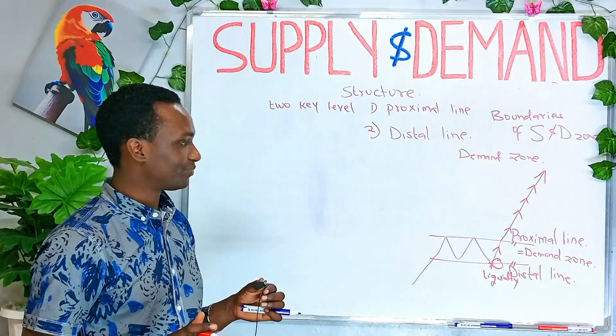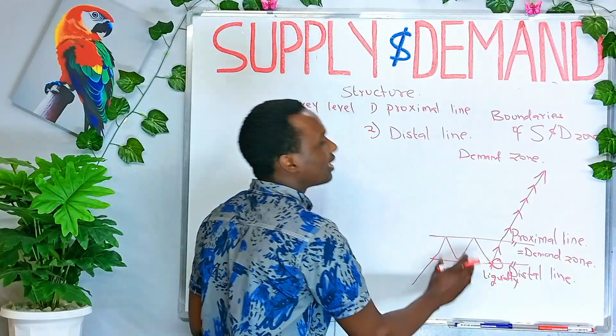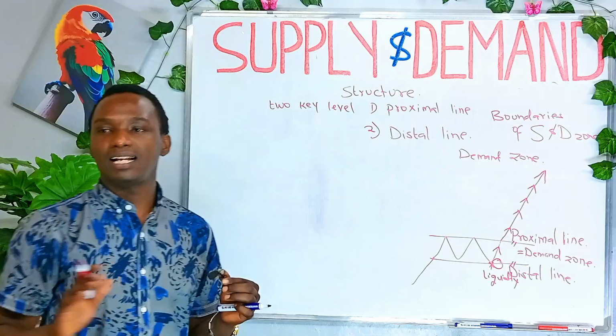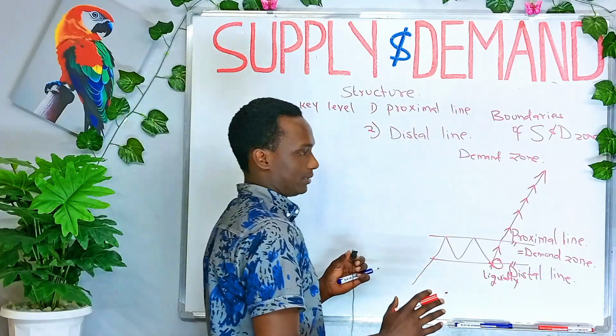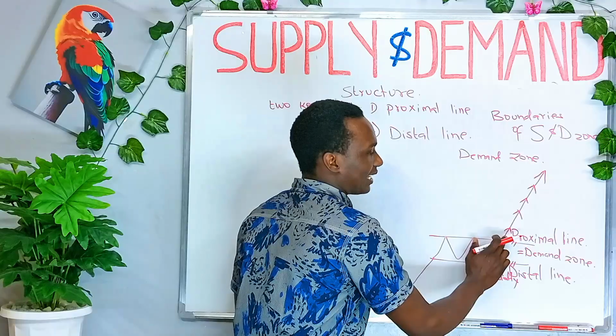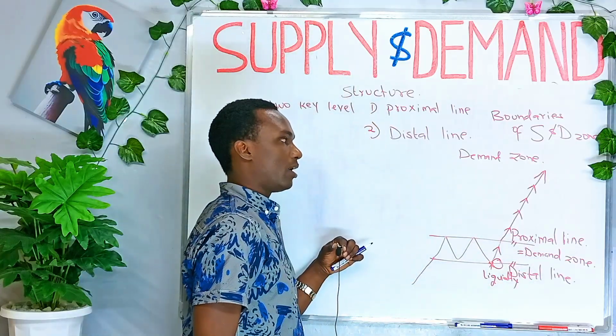If you get this, you are clearly going to mark your demand zones correctly. The proximal line is the upper line and the distal line is the lowest line.